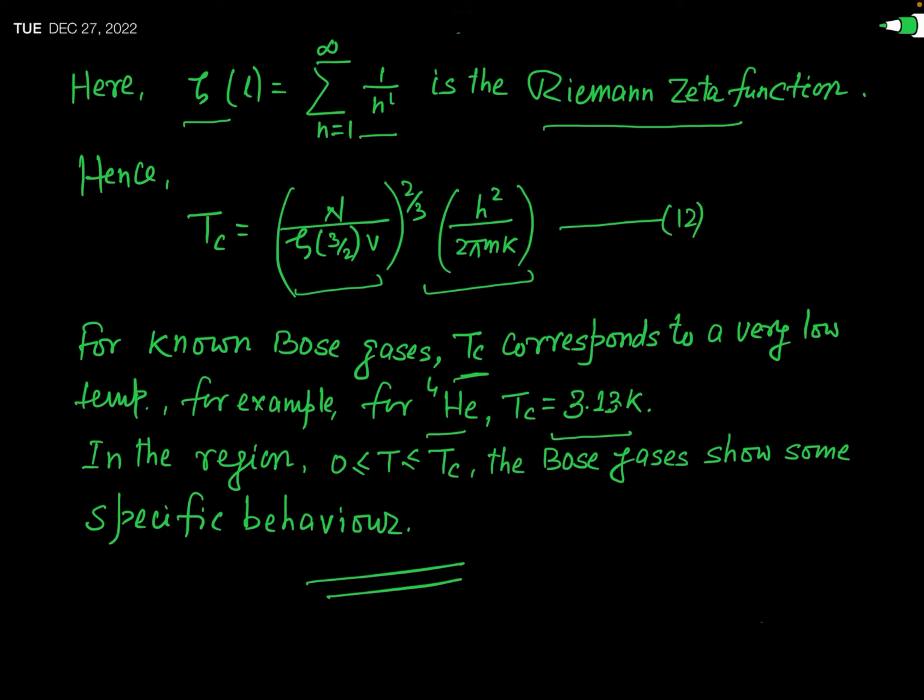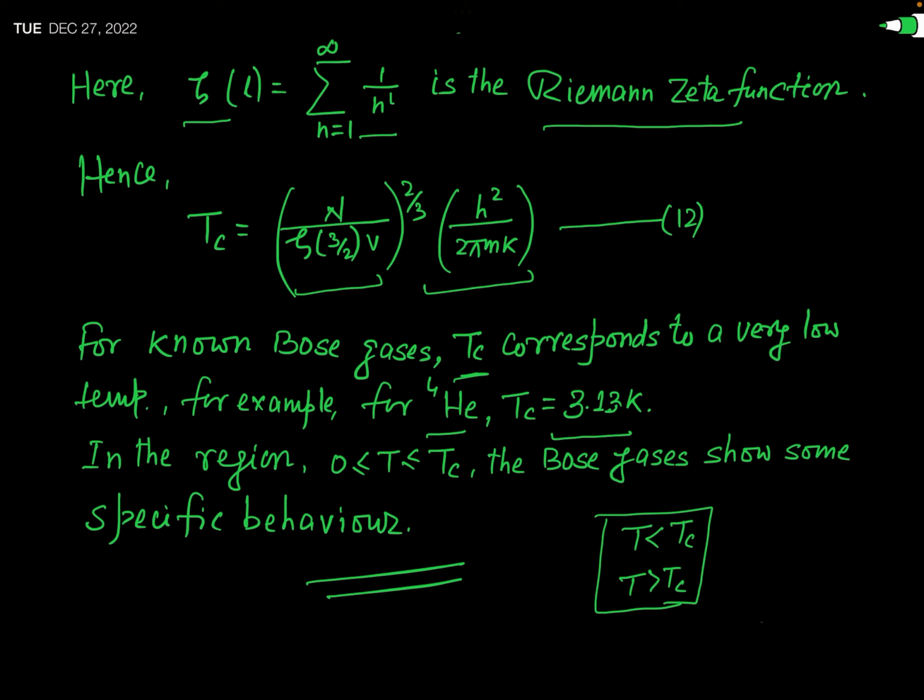First, we will see the different thermodynamic properties of Bose gas when temperature T is less than Tc, and the other situation will be when T is greater than Tc. In these two conditions, we will discuss the thermodynamic properties of an ideal Bose gas in the forthcoming lectures. This is our aim.